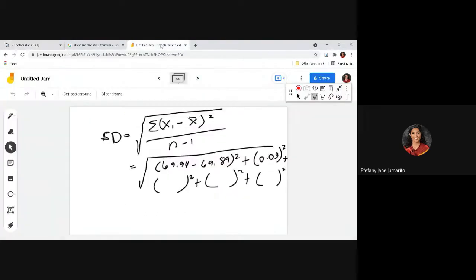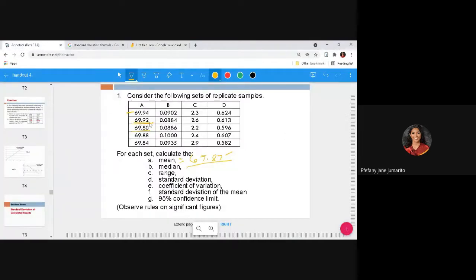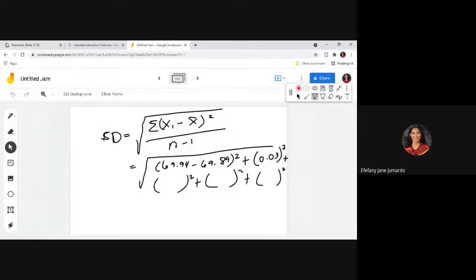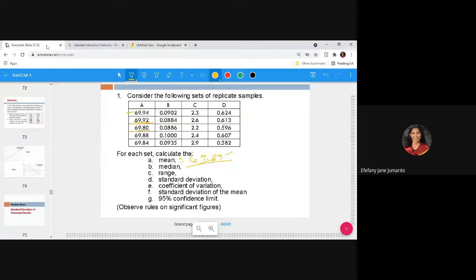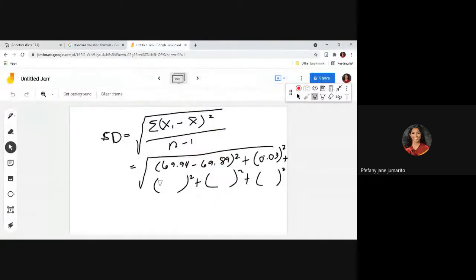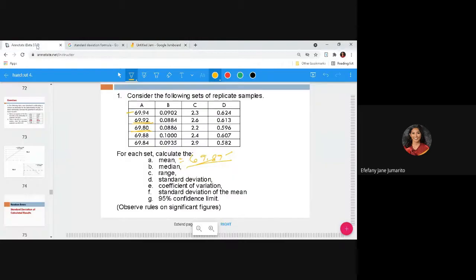Butang nimo diri. Then, number 3 na ta, 69.80 minus 69.89. Negative 0.09. Negative 0.09. Okay. Negative 0.09. Plus the fourth.